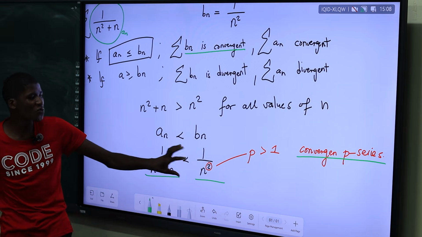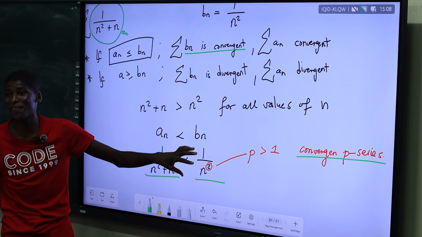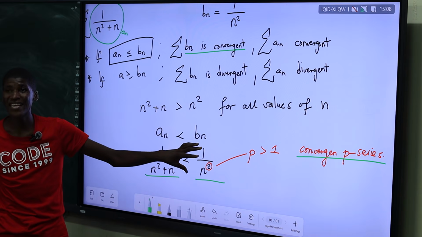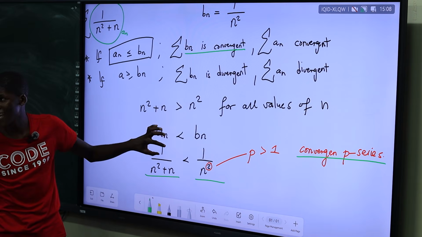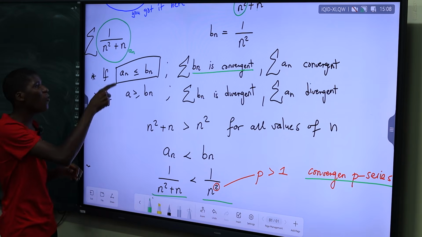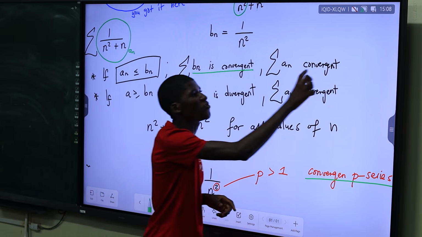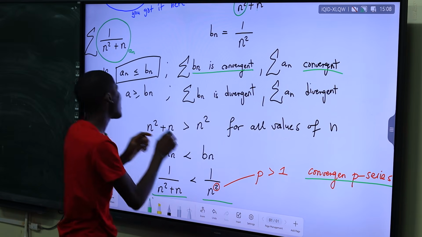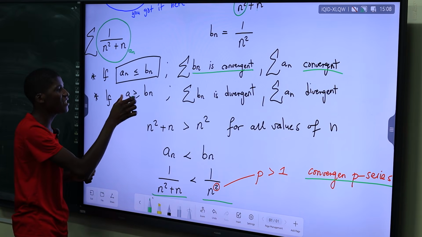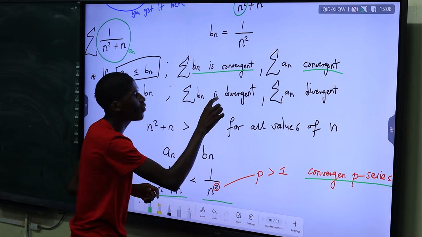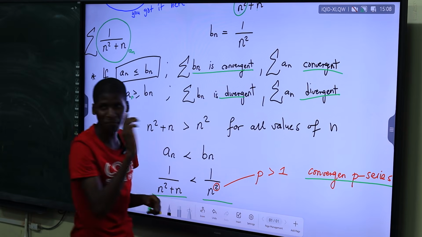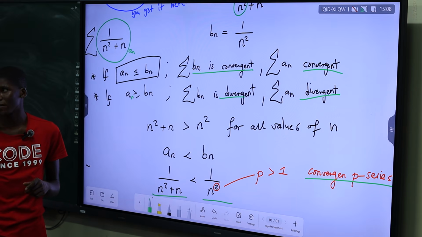But if the 1 over n squared wako is diverging, is a divergent one, then you cannot continue the test. Because the test, an less than bn, can only suit a convergent pair. And then if an is greater than bn, then it can only suit a divergent pair and nothing else.